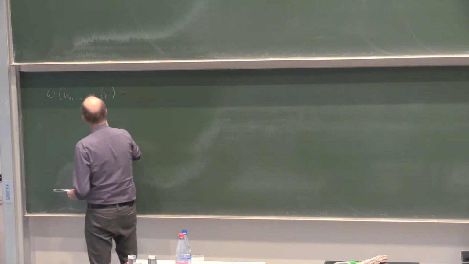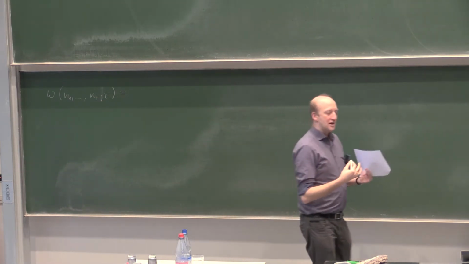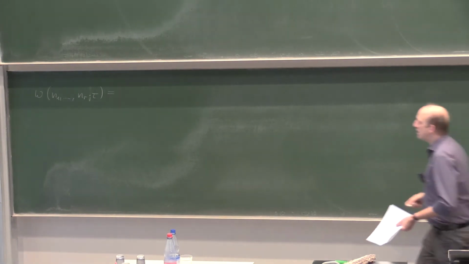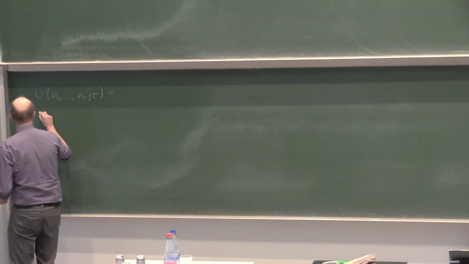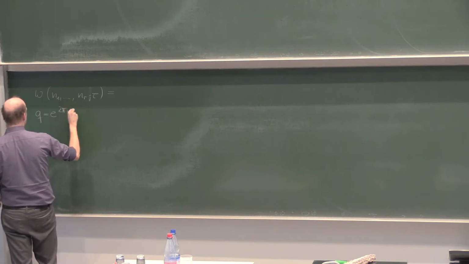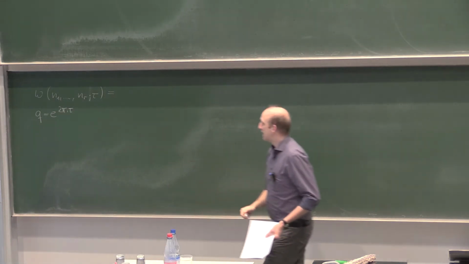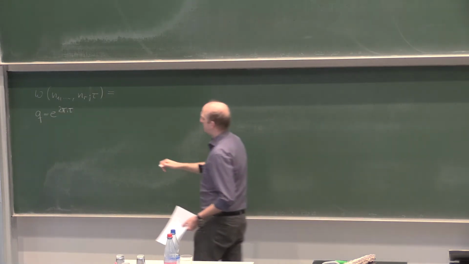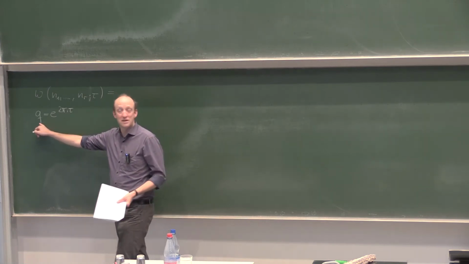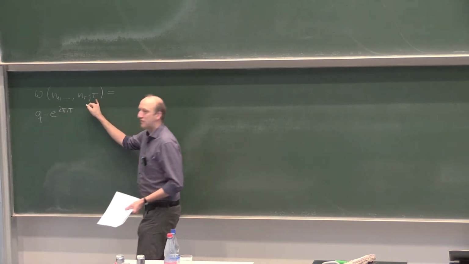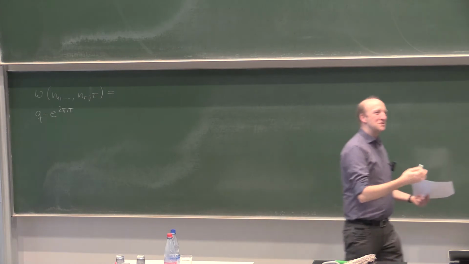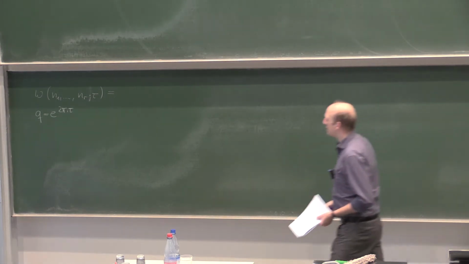And what one does, one can expand this function in a power series in Q. Q was defined as the exponential of 2 pi i tau. That is, conveniently, one does write the expansion in Q. It goes also by the name of Q expansion. Despite this fact, one usually notes a tau for the multiple zeta value. So tau and Q, if it comes to naming variables, are equivalent here.